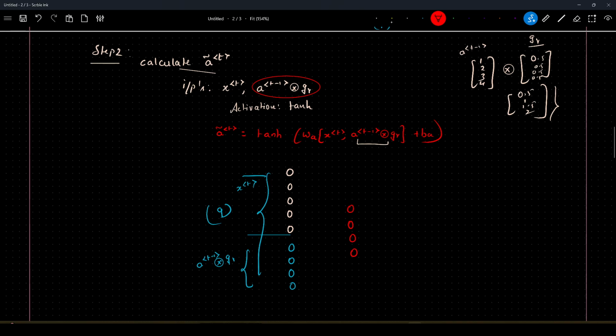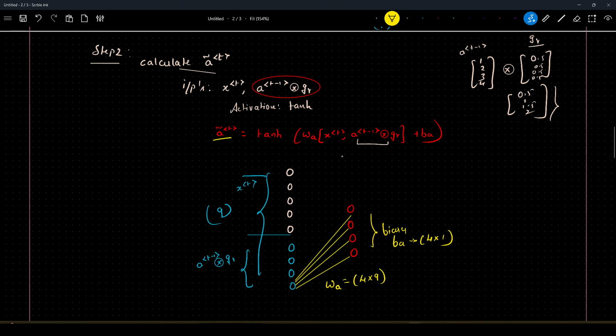And again, this will be a fully connected neural network, as I explained in the reset gate step. The weights associated with it we will call WA, as we are calculating A bar t, and it will be of dimension 4 cross 9. It will have the biases, we will call it BA, of dimension 4 cross 1.